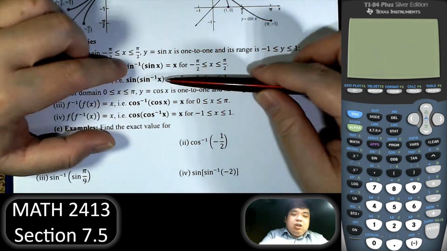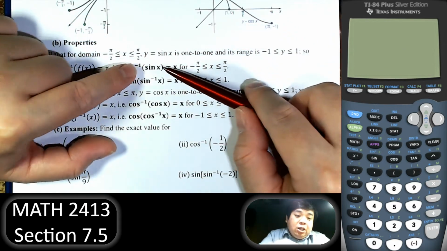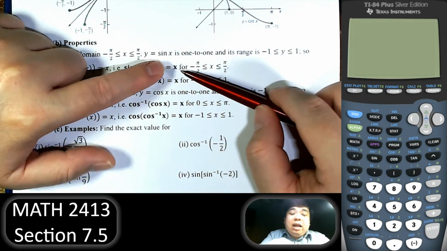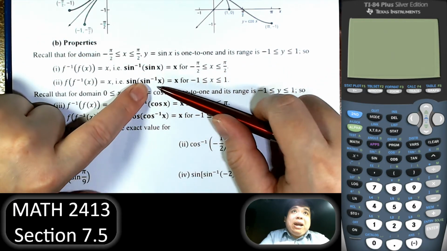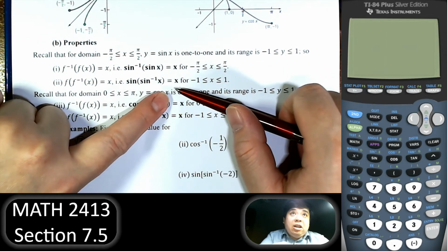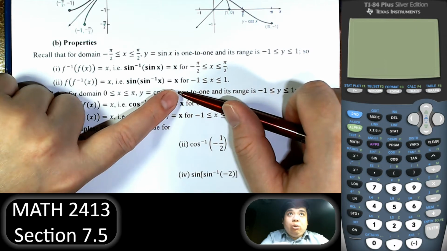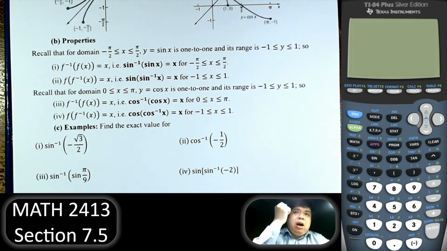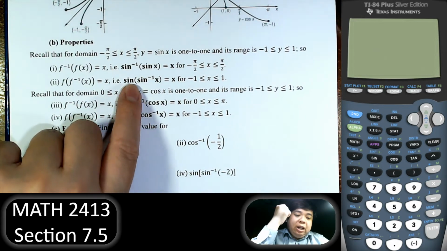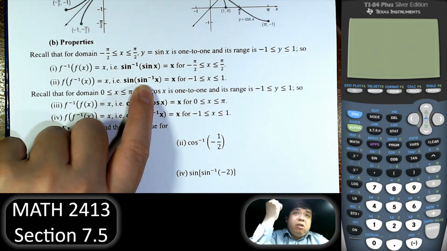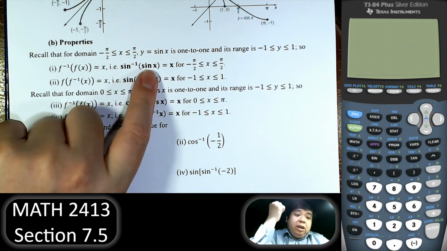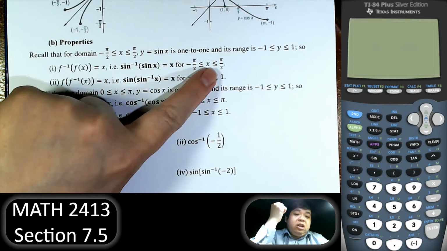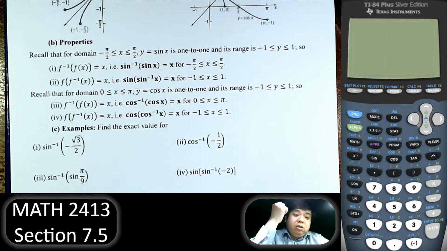So the difference between these two is, this one is always defined but may not be equal. This one may not be defined, but if it is defined, it will be equal. So keep this in mind. The function will cancel the inverse if it is defined. The inverse may not cancel the function, because it depends on the domain.